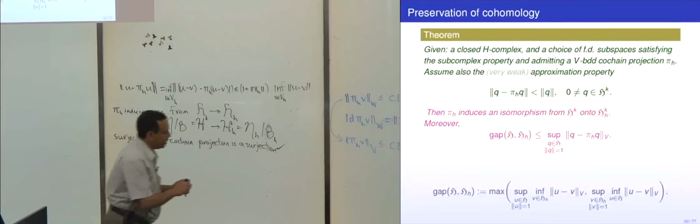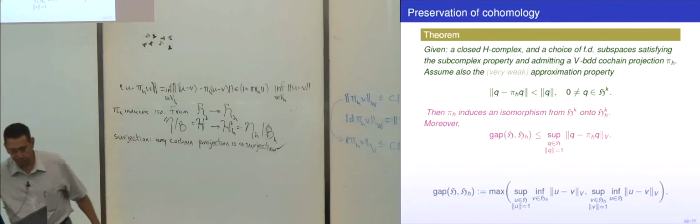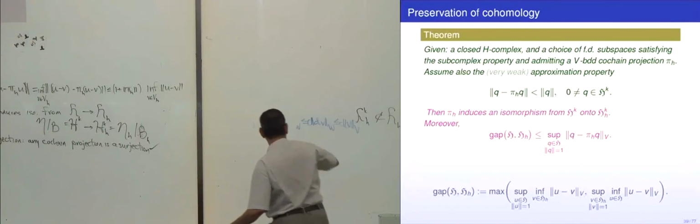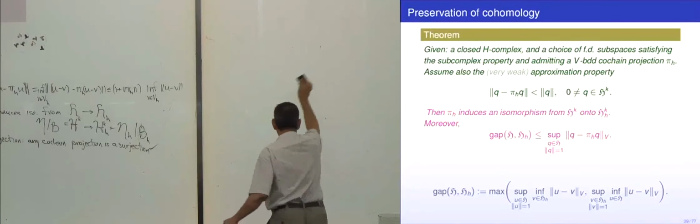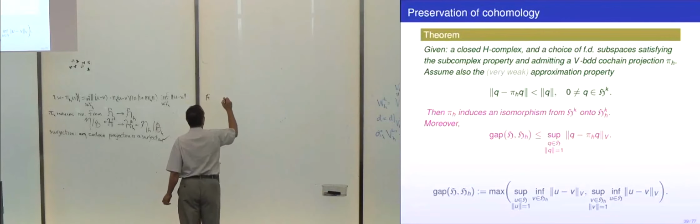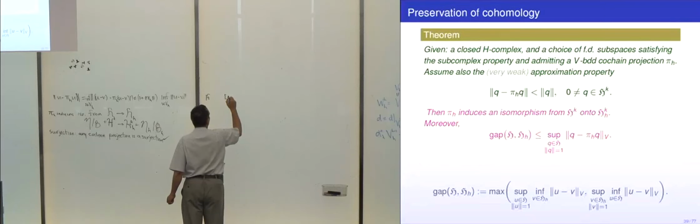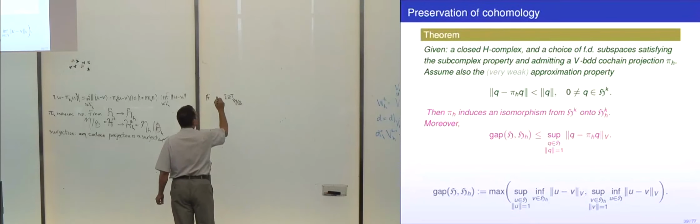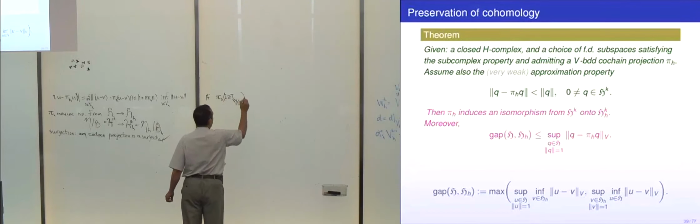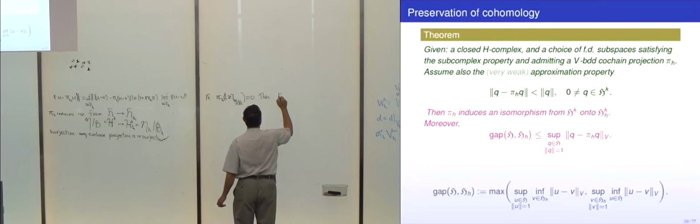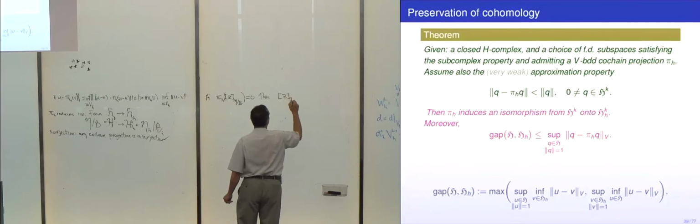Okay, so now we need to show that if the equivalence class in Z mod B is taken by pi to 0, then the equivalence class was already 0.